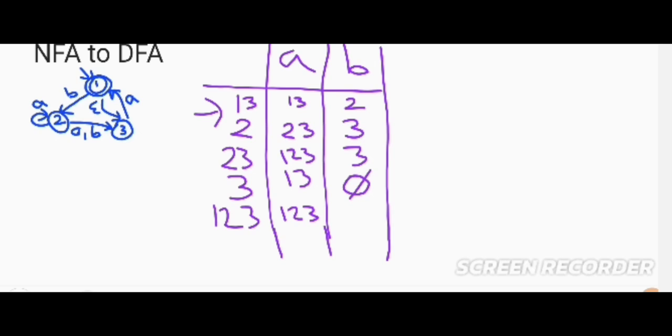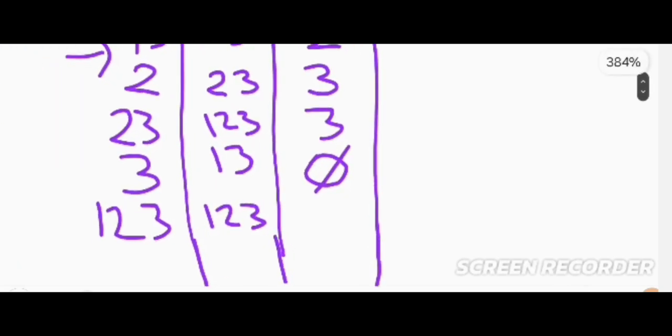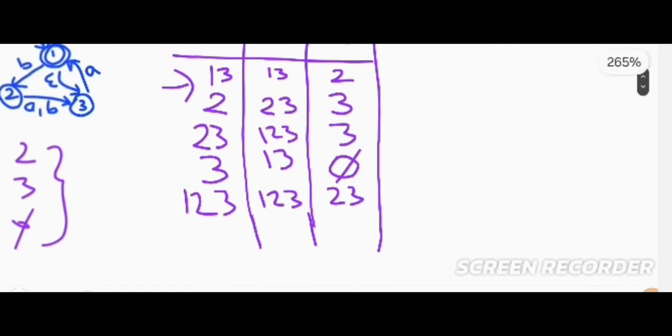For B, we know that from 1 the result will be 2, from state 2 the result will be 3, and from 3 the result will be phi, and the union of these three sets is 2, 3. We'll write here 2, 3.